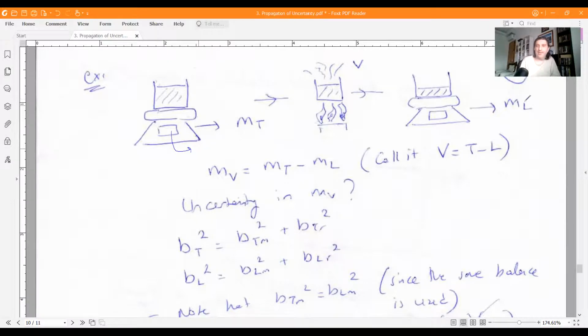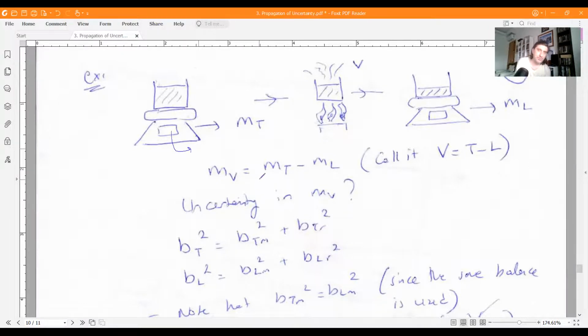And it's the same thing here. Then it's going to be just the partial derivatives. Here it's going to be partial derivative 1. This is going to be -1, but when you square them, all of them are 1. So basically, we are going to take the square of bias here, square of bias here, add them together. The result is going to be square bias in mass of water.